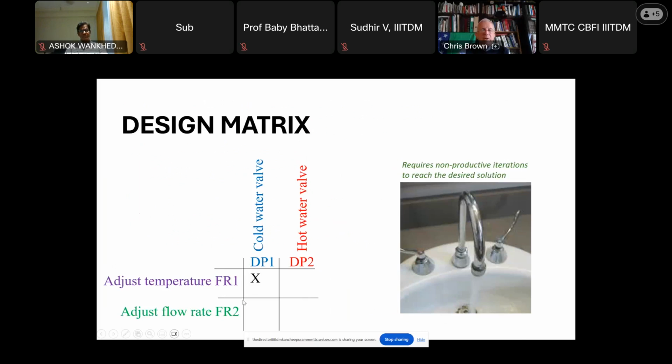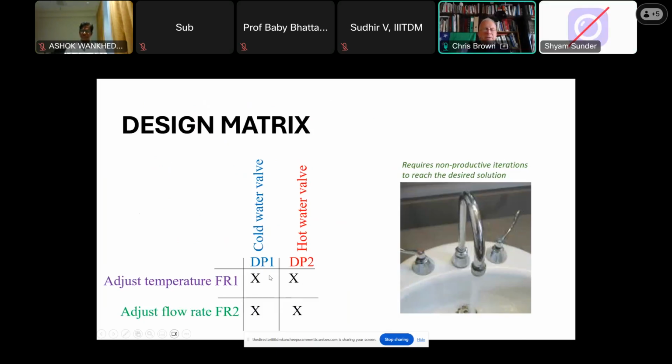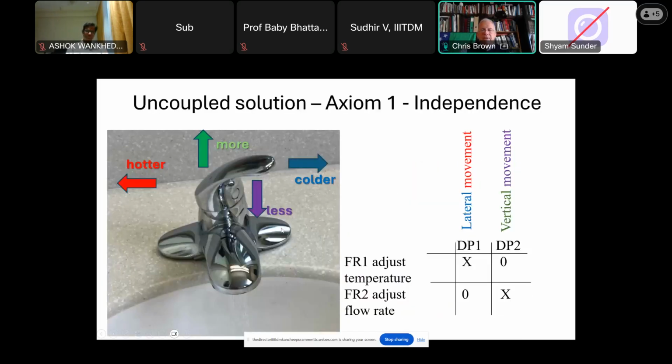But what else happens when I change the cold water valve? That also adjusts the flow rate. And same with the hot water valve. That will adjust the temperature and the flow rate. All right, so as you can see, we have a full matrix, and so this is fully coupled. So this violates axiom 1. We have not maintained the independence of the functional elements.